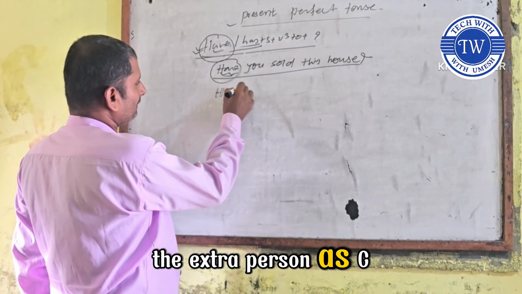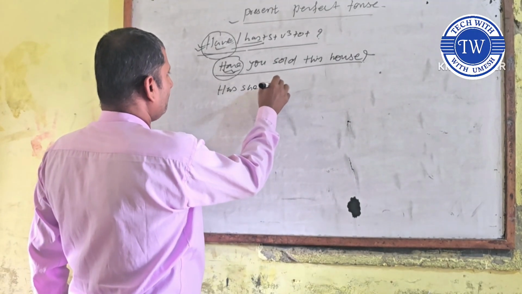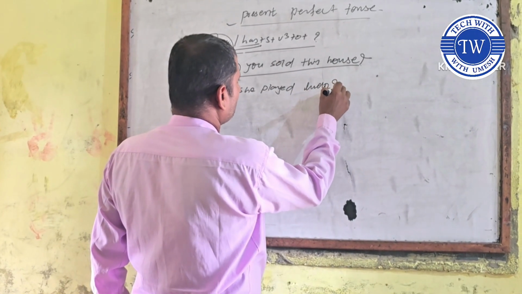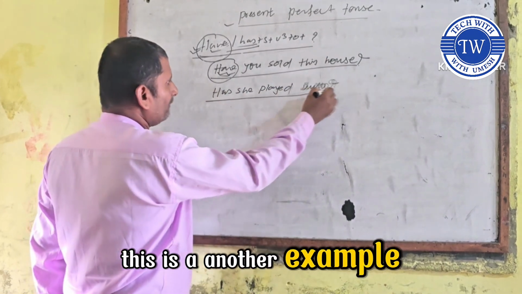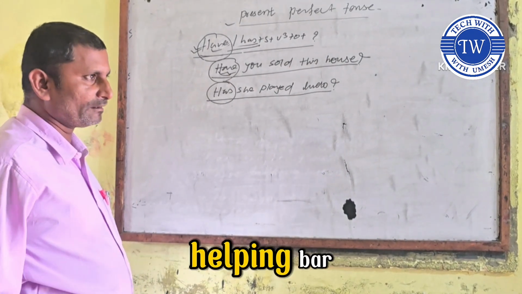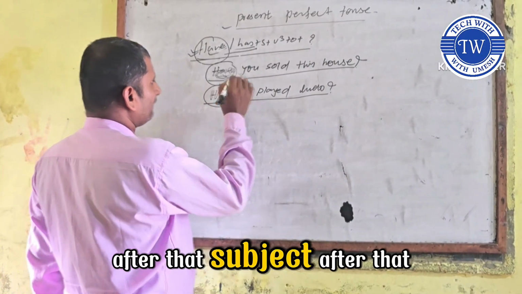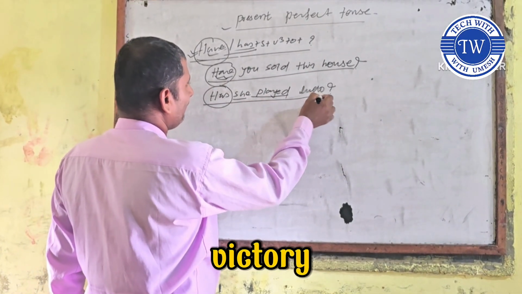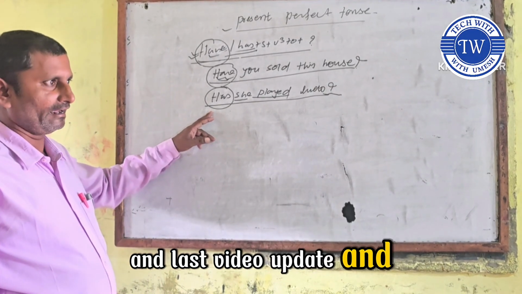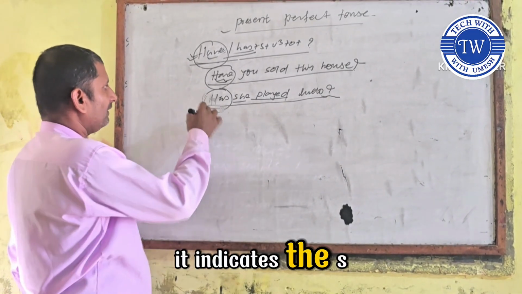Has she played Ludo? This is another example. Have is an auxiliary verb or helping verb. After that comes the subject, then the between, and last is the object, and it indicates the yes no question.